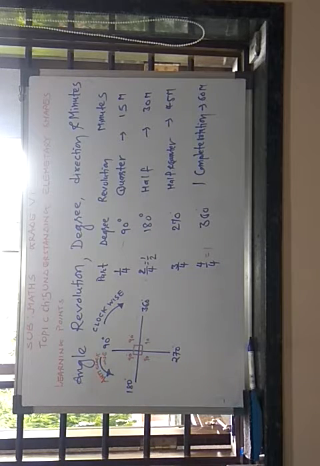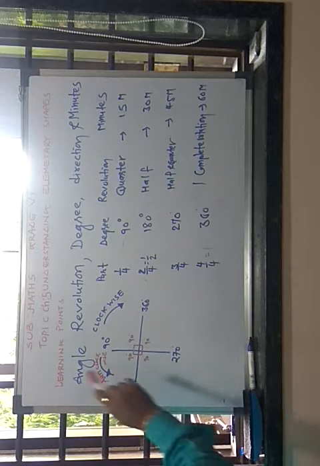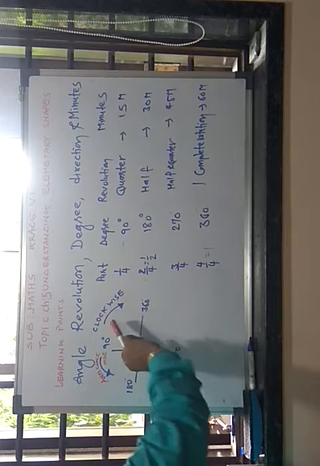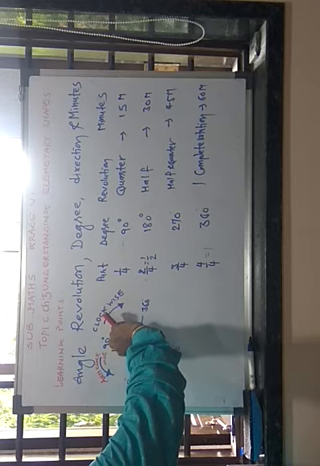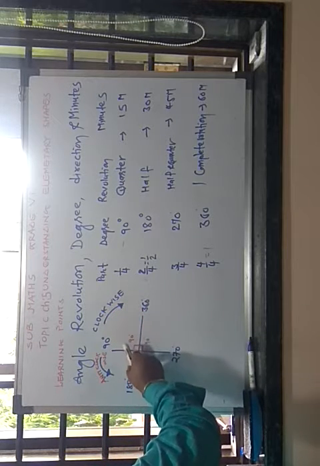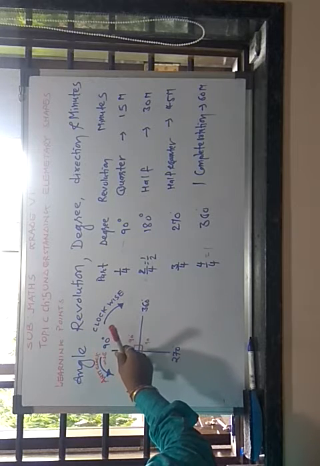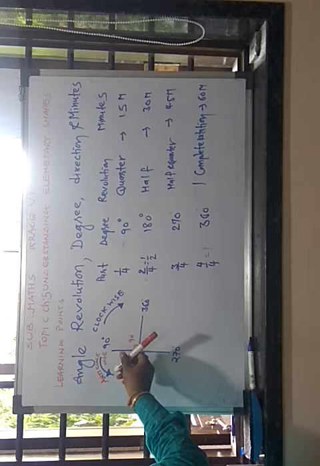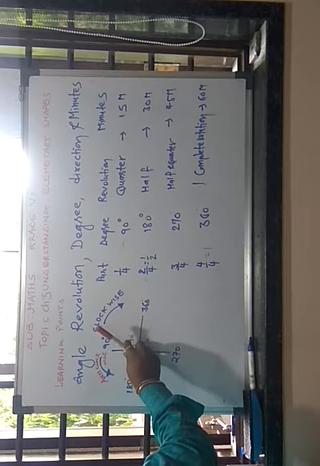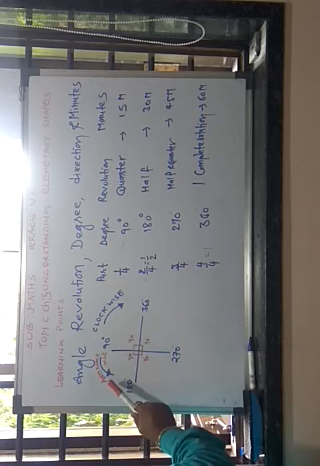Or in everybody's house a clock is there. So naturally this is clockwise, the direction in which the clock's hand is moving, right? So this is our clockwise direction, and this is opposite to clockwise, meaning anti-clockwise.